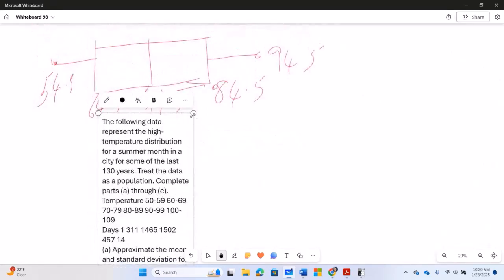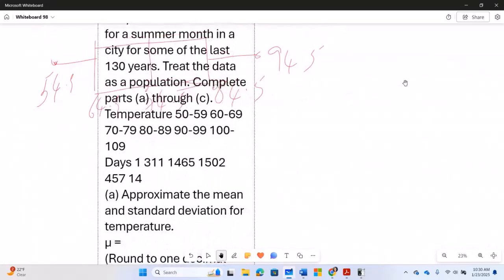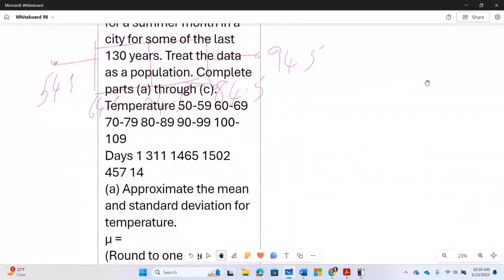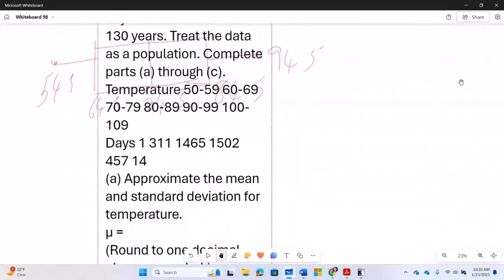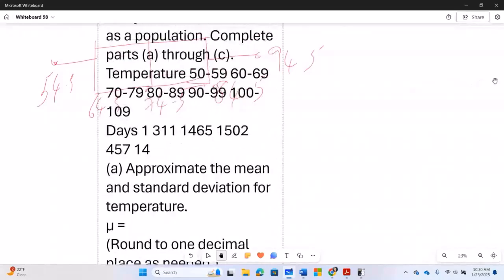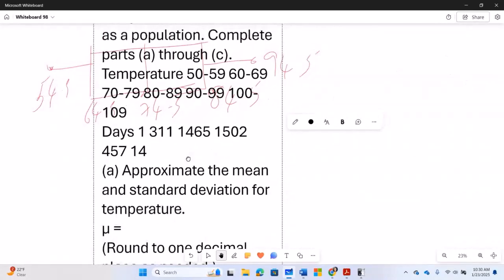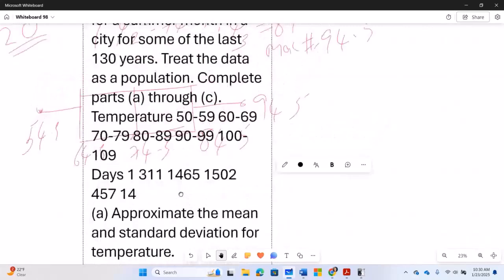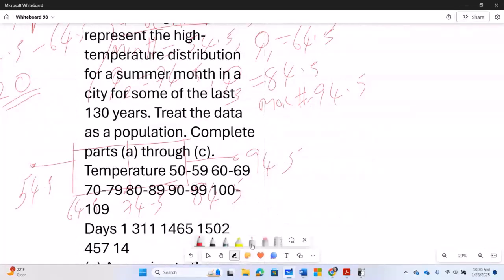So I need to look back and make sure that the data is copied well. All right. Okay, so it's not copied well, but I can fix some things there.